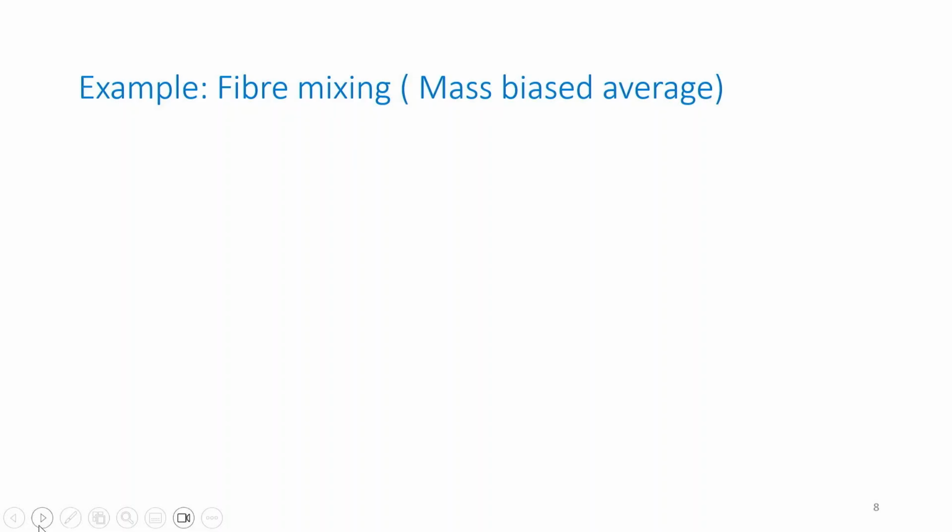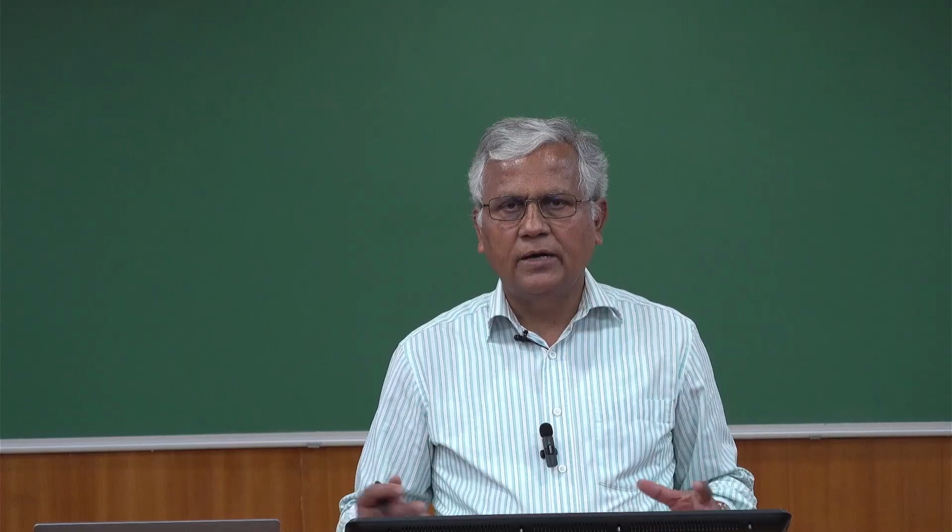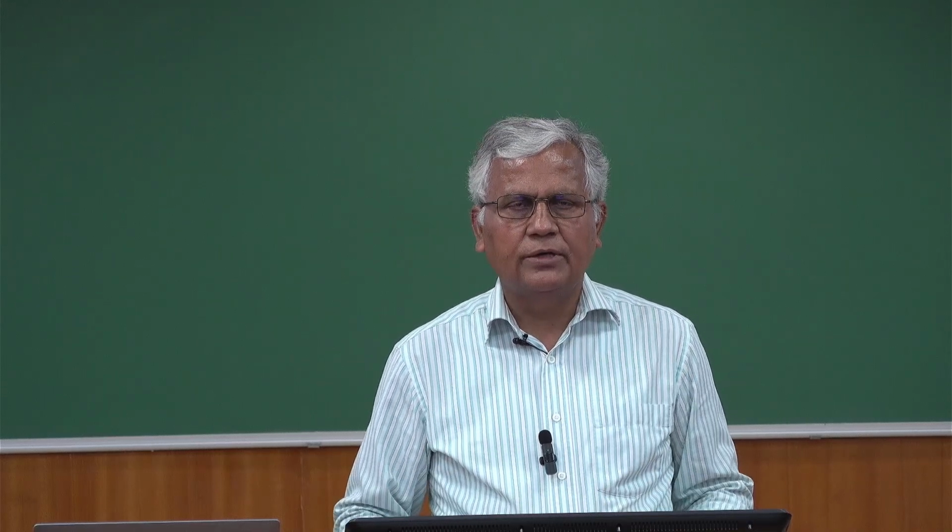Another example which we will come across is mixing of fibers. So many a times the fibers are mixed together for different technical reasons, or could be because of cost reasons.